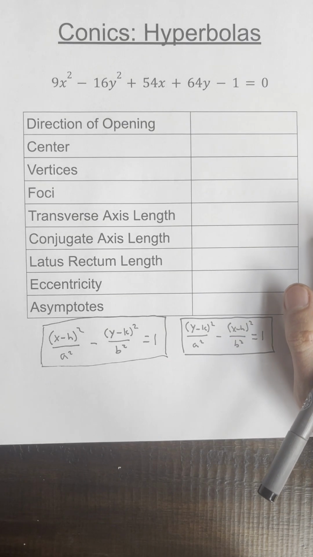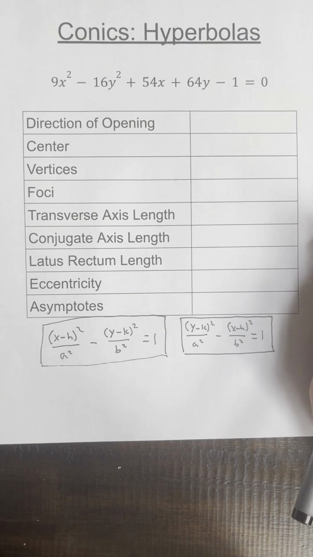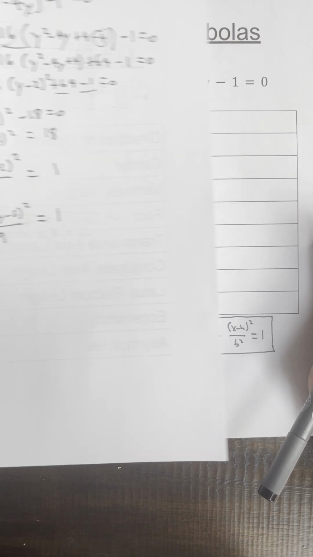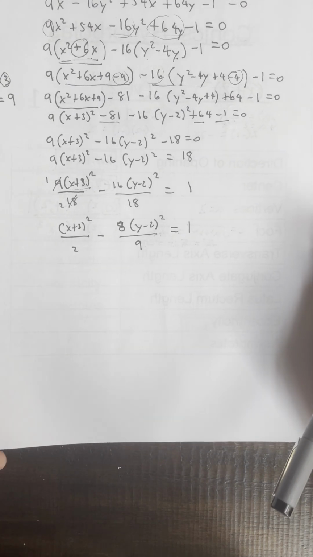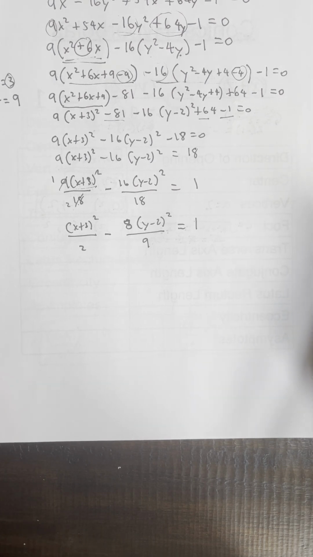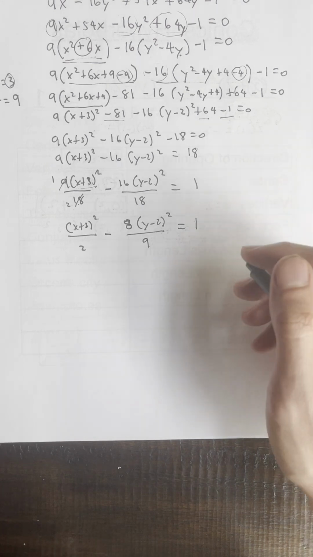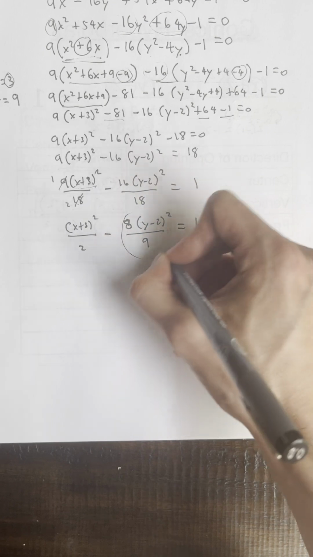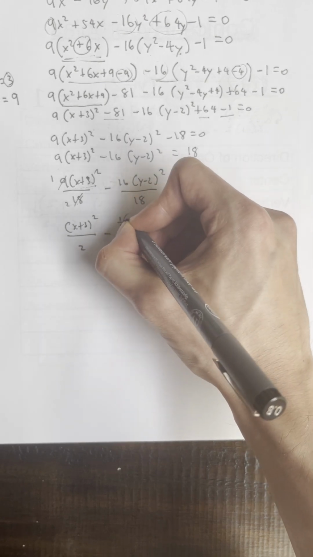What's the only thing that's off? The only thing that's off is that there's an 8 next to y. So how do we get rid of it? We can multiply the top and bottom of this fraction by 1 over 8.